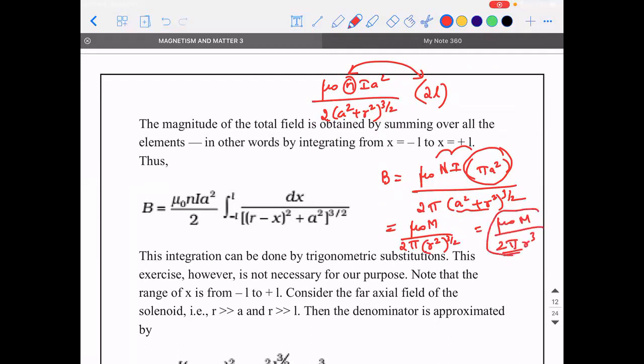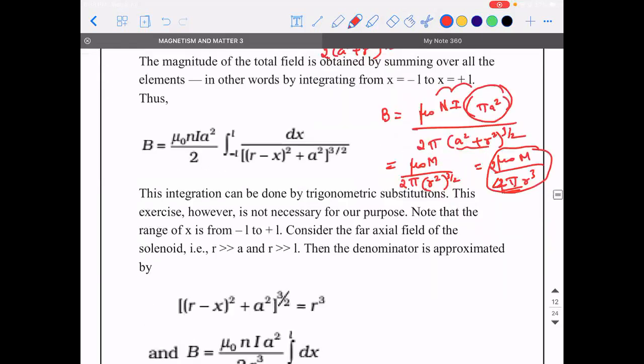What is this expression, guys? Equatorial. No, sir, not equatorial. Just multiply with 2 in the numerator and 2 in the denominator. 2 mu naught M divided by 4 pi r cube.